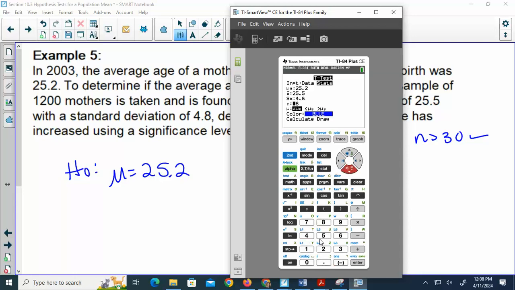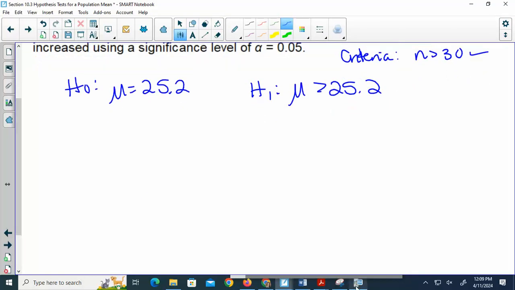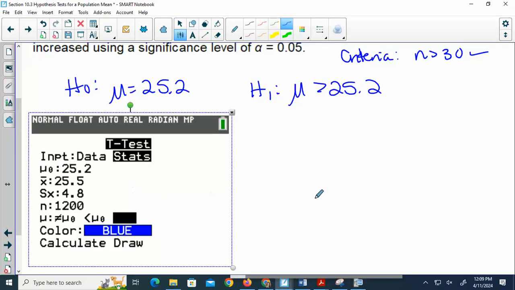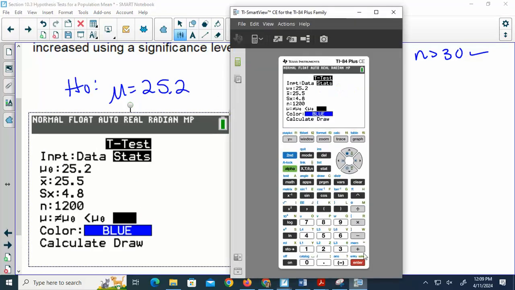N. How many did we have in our sample? 1,200. And what were we testing? Greater than. So, your calculator should look like this. Then we can calculate it.